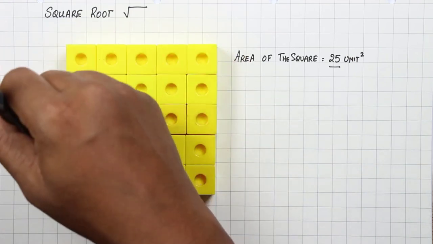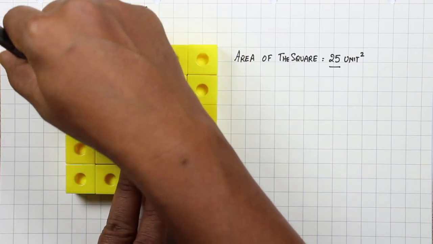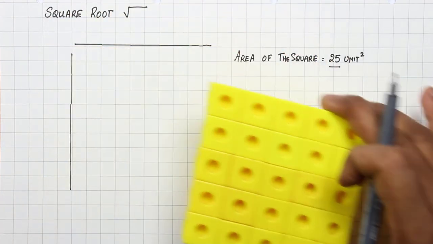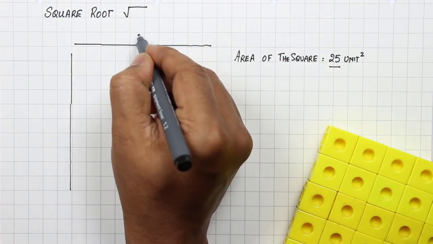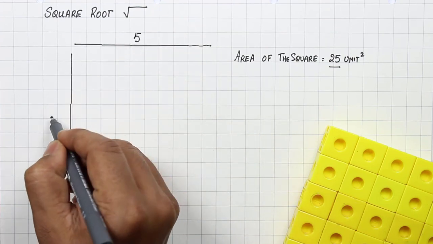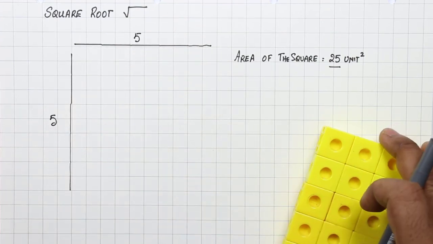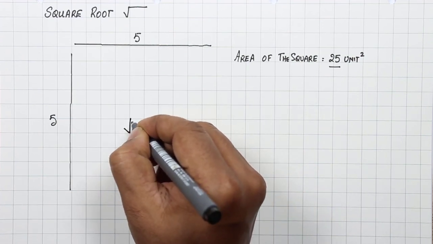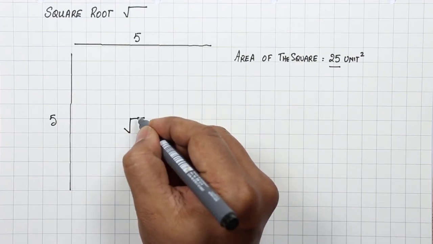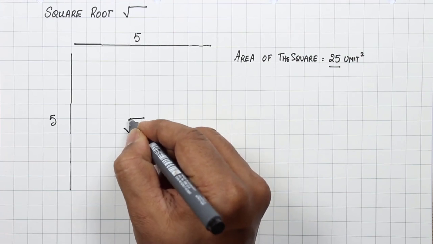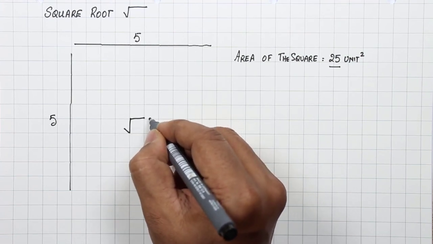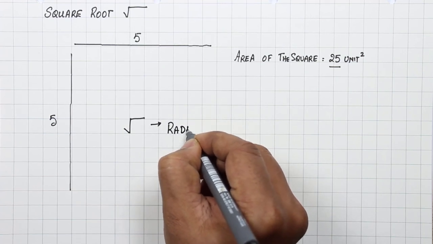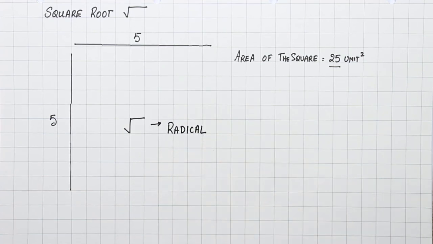So this side is going to be 5 units and this side is going to be 5 units. And this is represented by a symbol, the square root. This symbol here is actually called the radical symbol.